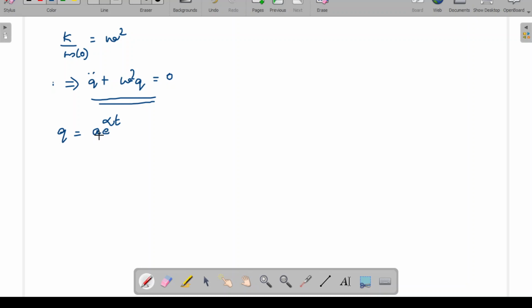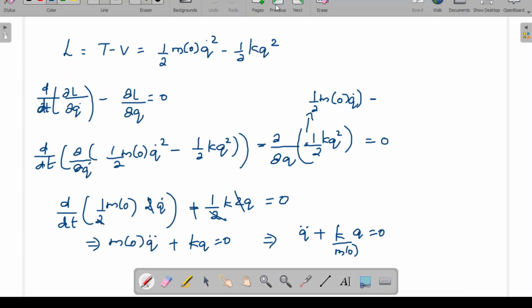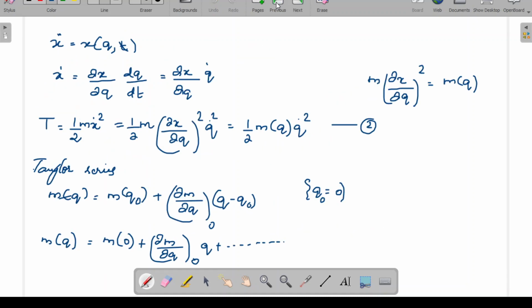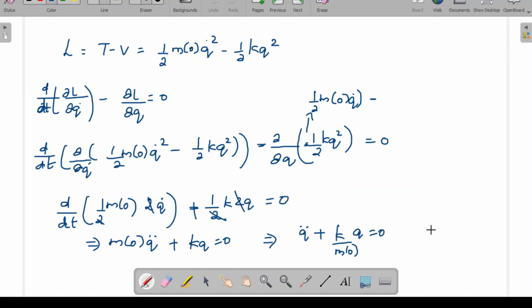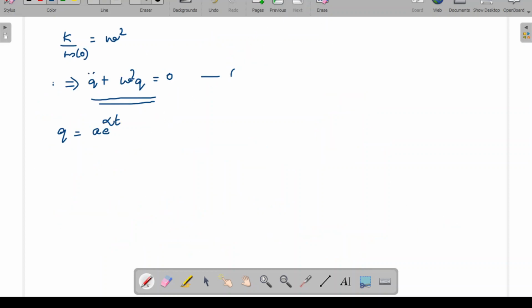The only thing is I have to find what a and alpha are. Now substituting, let me write the equation numbers here: three, and here equation number 4. Let me put this solution in equation 4.